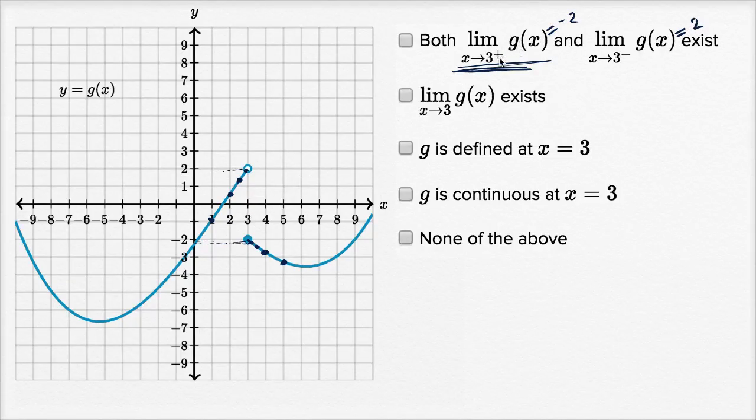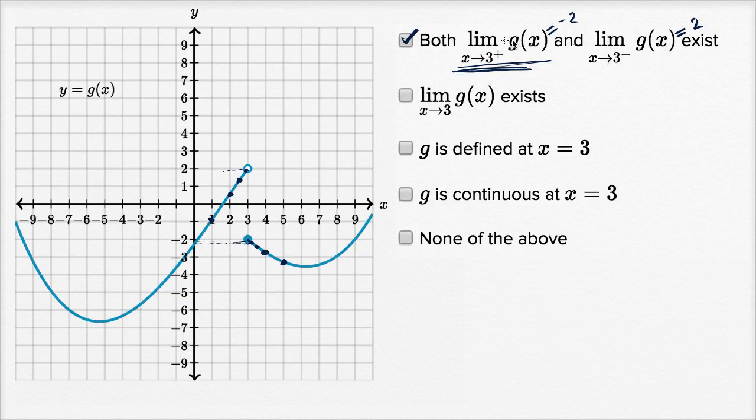So both of these limits, the limit from the right and the limit from the left, exist. These are the one-sided limits. The limit of g of x as x approaches 3 is the actual limit. Now, in order for this to exist, both the right and left-handed limits need to exist, and they need to approach the same value.